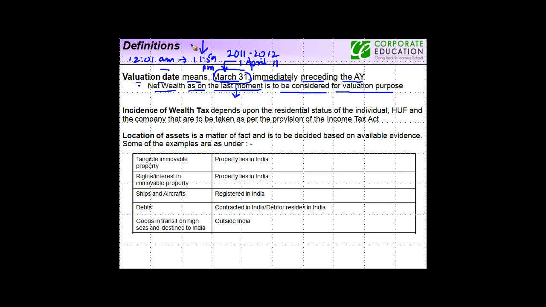If he sells it somewhere between this time, then it is assumed that on the valuation date, the asset does not belong to the assessee. So it has to be on the last moment that the assessee should own the asset. The asset should belong to the assessee.